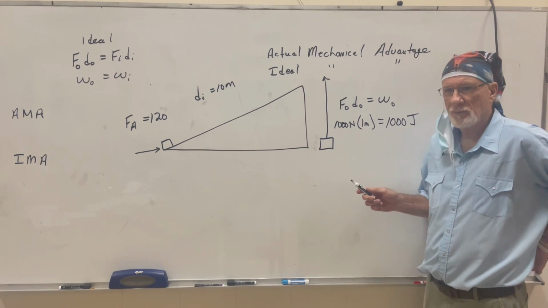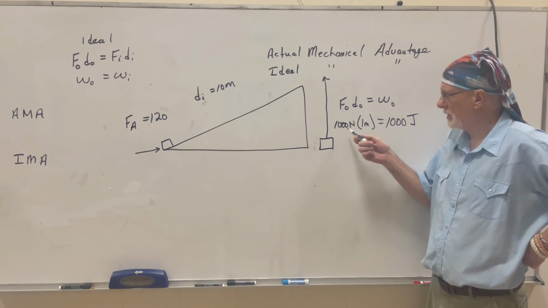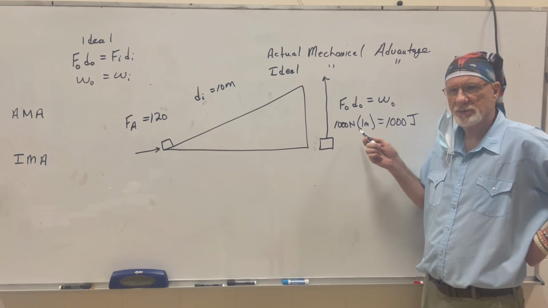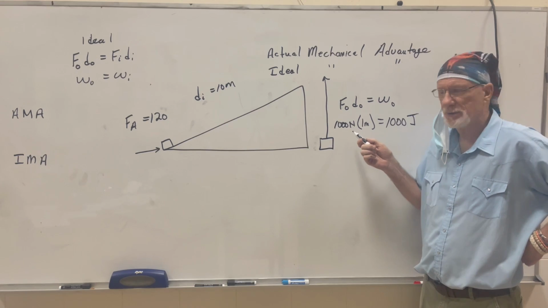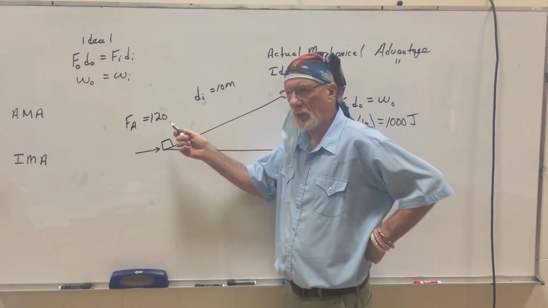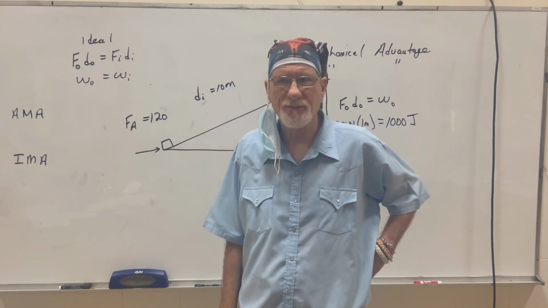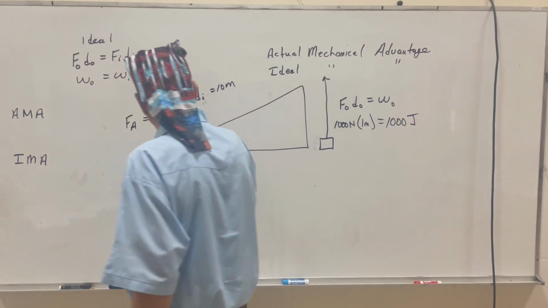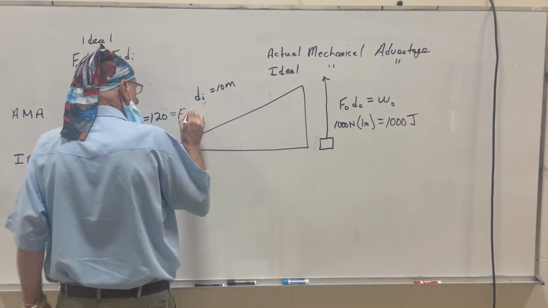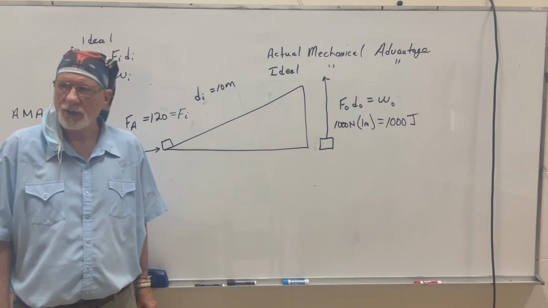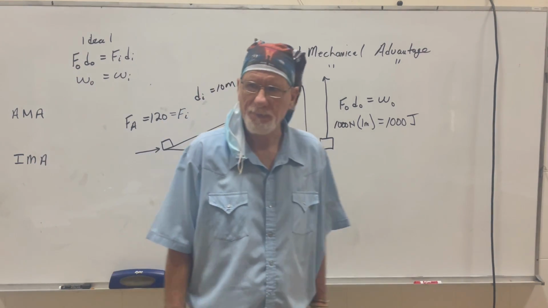I know that my FO is 1,000 newtons. I'm going to have to apply 120 newtons. That's my FI. What's larger, FO or FI?